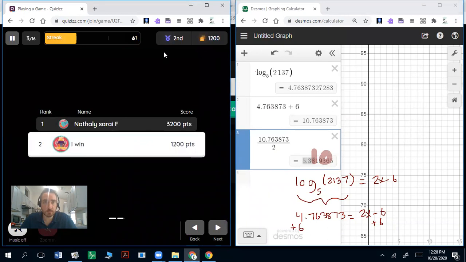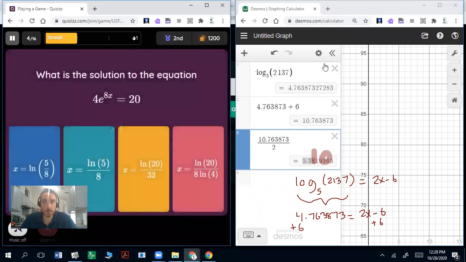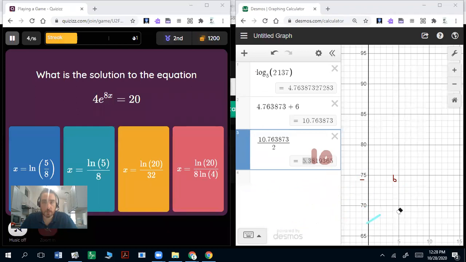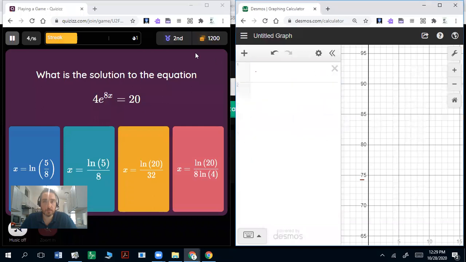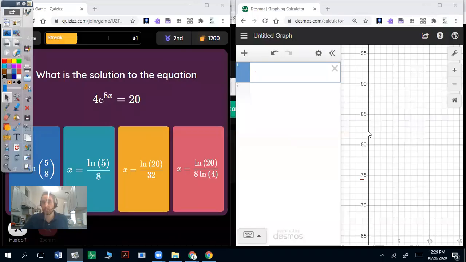Next question. What is the solution to the equation 4e to the 8x equals 20? To solve this problem, we are going to use the natural logarithm.